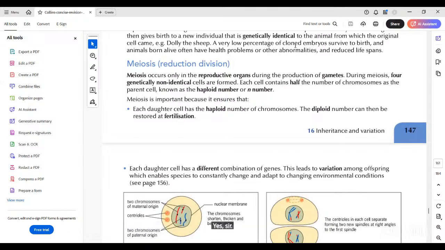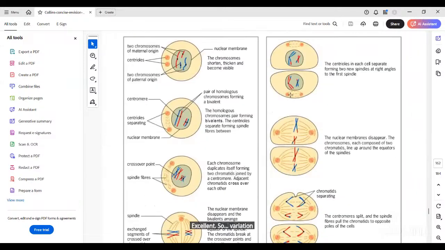Excellent. So variation is very important, and we come on to that. We can see here where it's the same: we have the two chromosomes of maternal origin, and we see the centrioles at the end just the same.